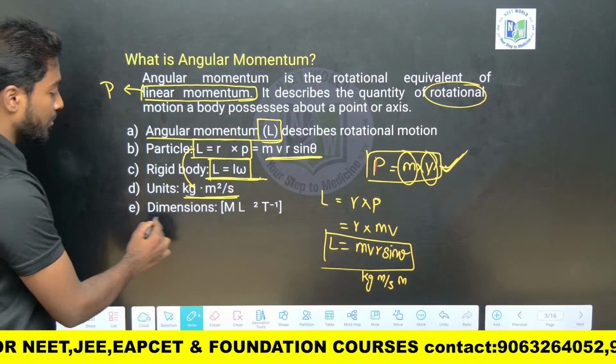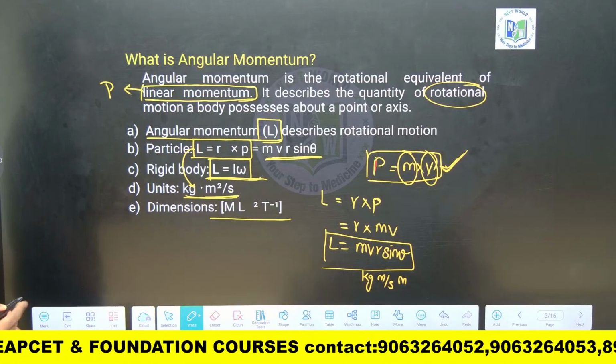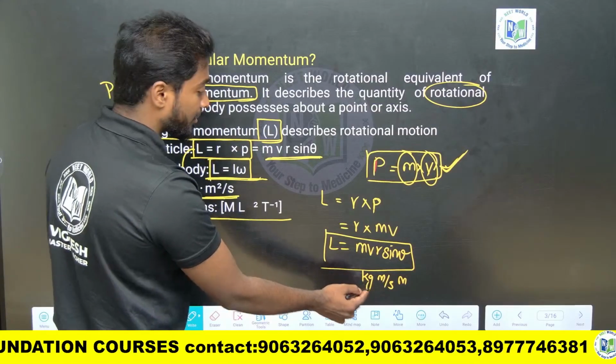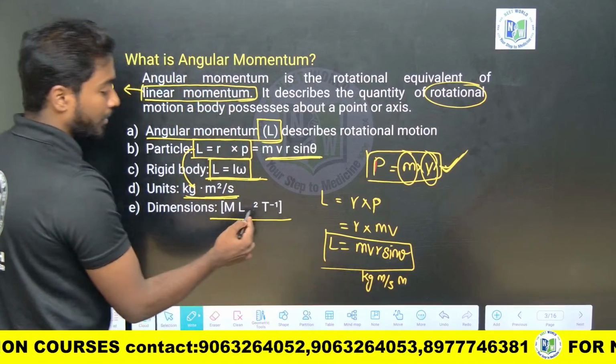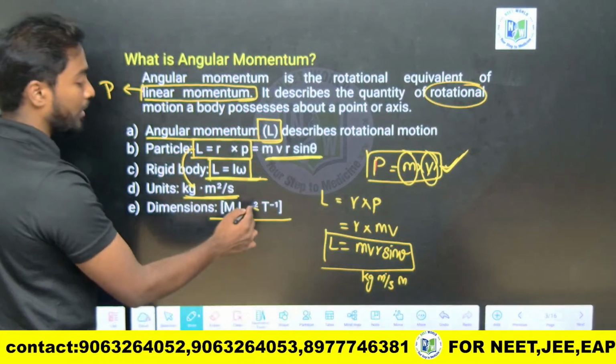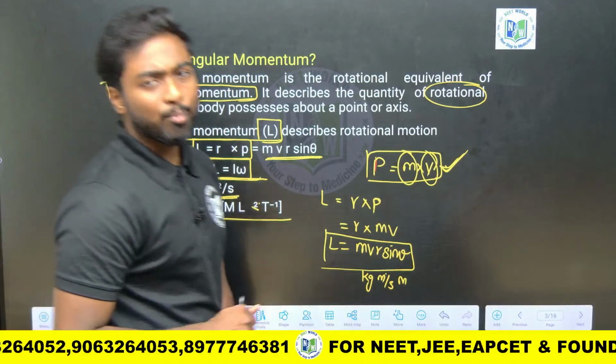The dimension is M L square T power minus 1: mass, then meter into meter gives L square. This is about angular momentum.